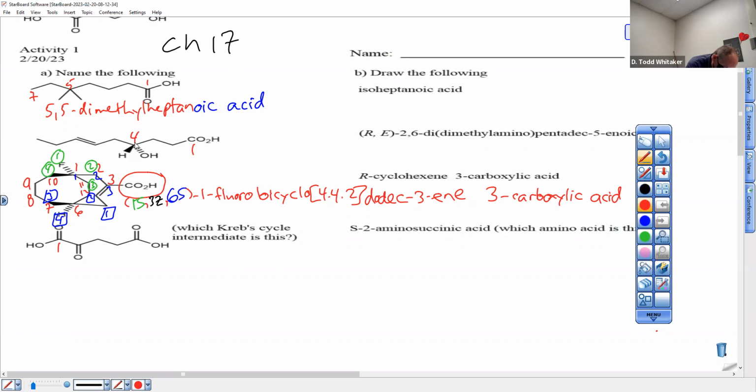And there were 4, 2, 3, 4, 6, 7, 8, 9. So that's a non-adec, 6-ene, and this one does end with oic acid.